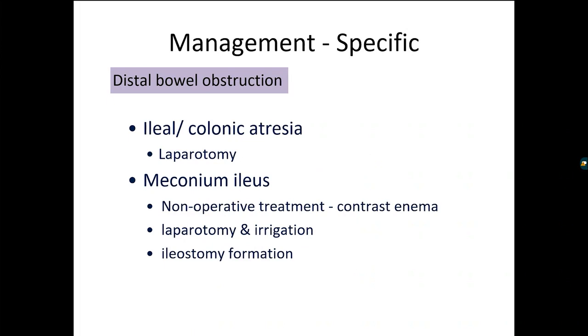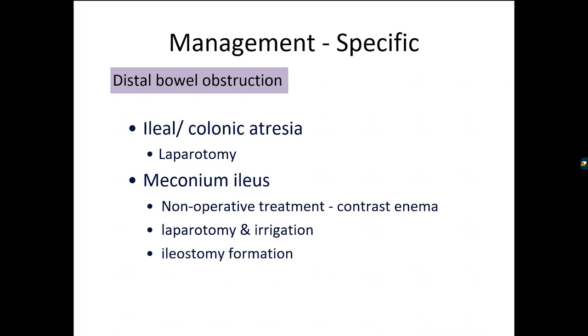Next, we move on to the distal bowel obstructions, specific causes. Ileal or colonic atresias, again, just like the duodenal atresias, need laparotomy for correction, but there is no emergency surgery required. So you can investigate the child, do the basic assessment, and plan for surgery the following day.